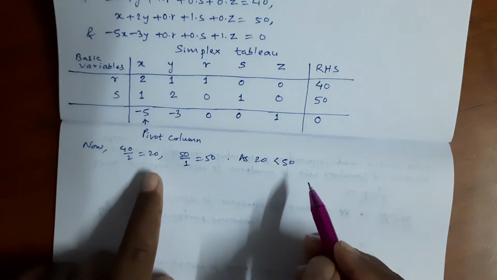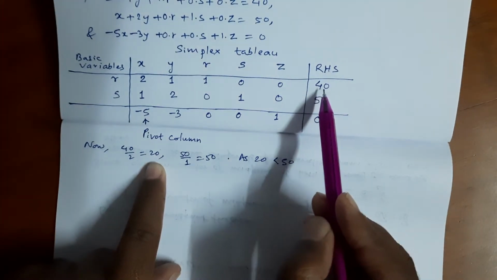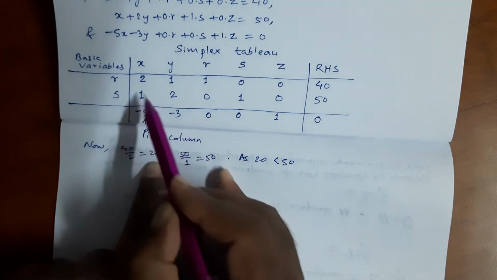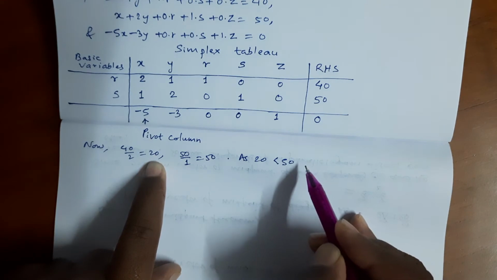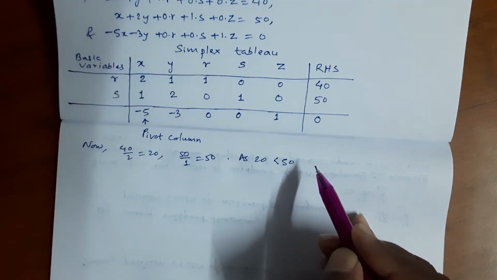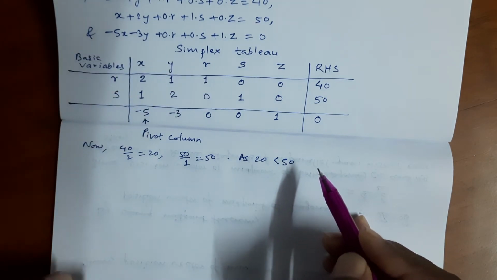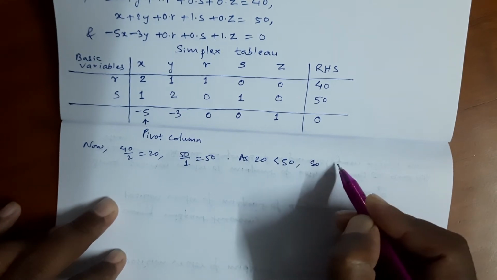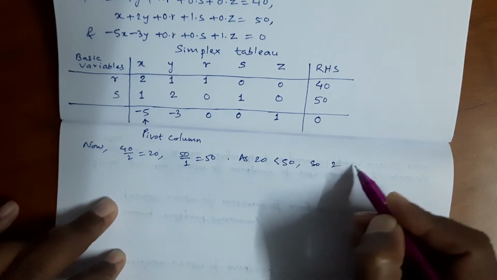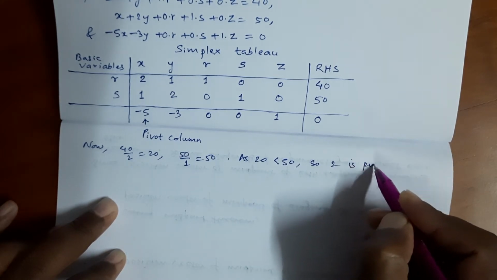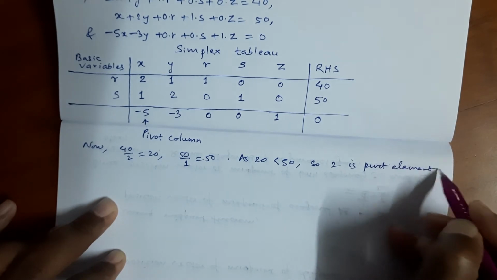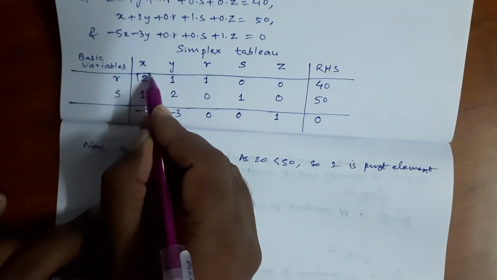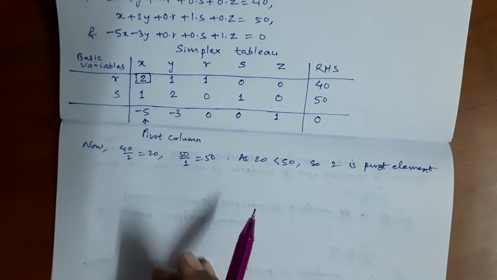This 20 is obtained from the ratio of 40 and 2, and it is smaller than 50, so from the first row we get the pivot element. So 2 is the pivot element, or pivot entry. In this way you can find it out.